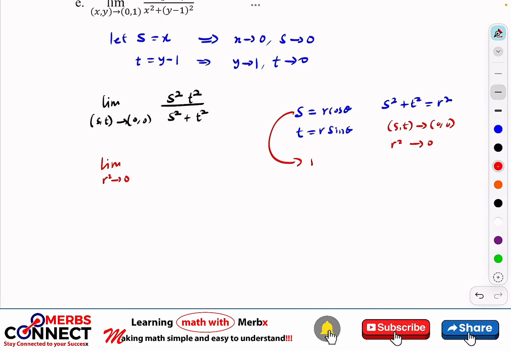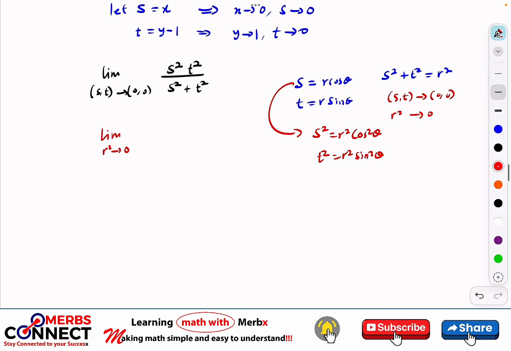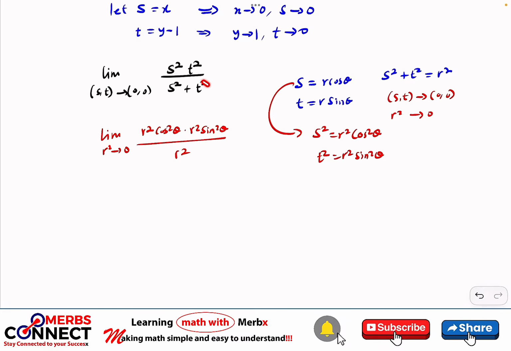X squared is equal to r squared cos squared theta, and y squared is going to be r squared sine squared theta. So let's do substitution. So this is going to be r squared cos squared theta times r squared sine squared theta divided by r squared, because this here is r squared.